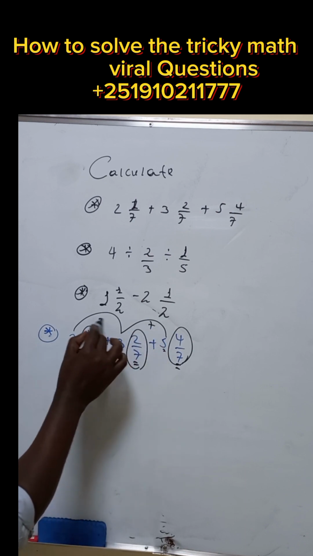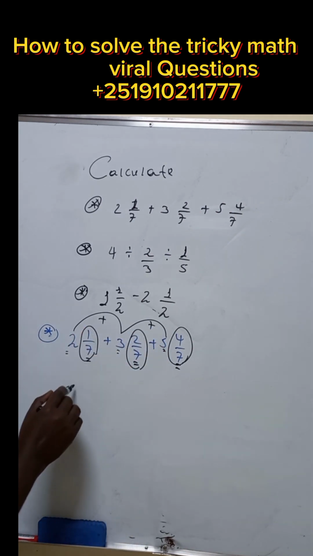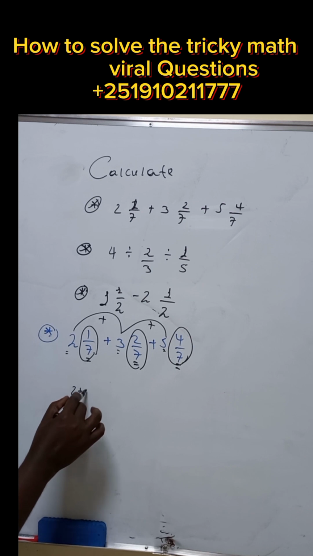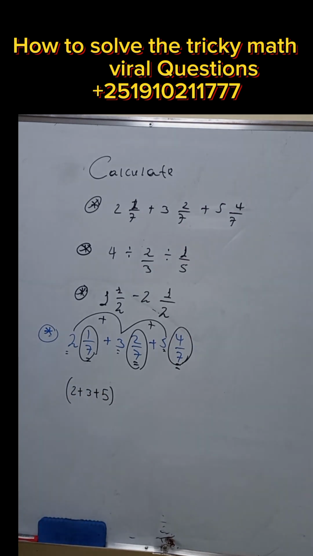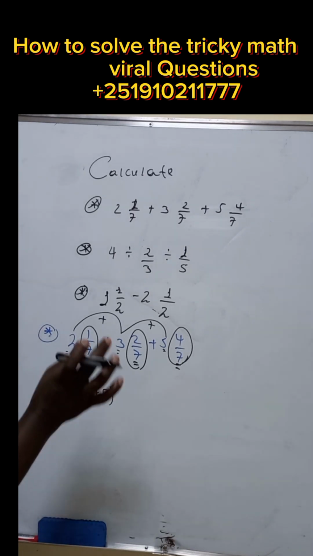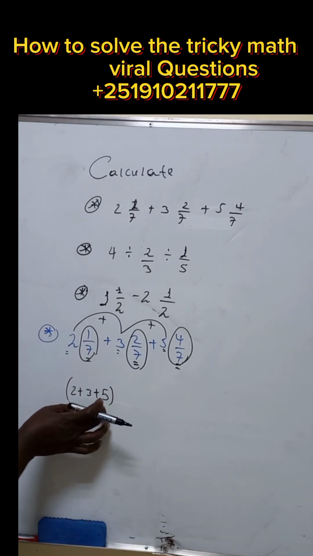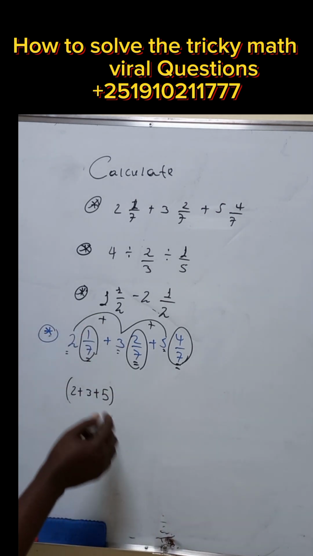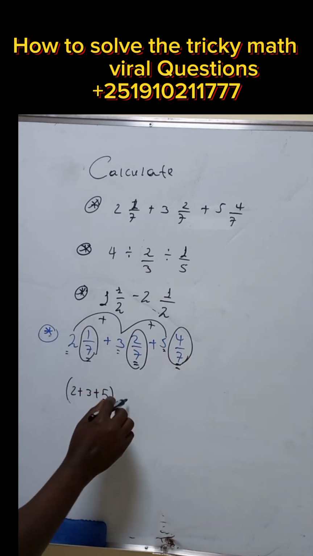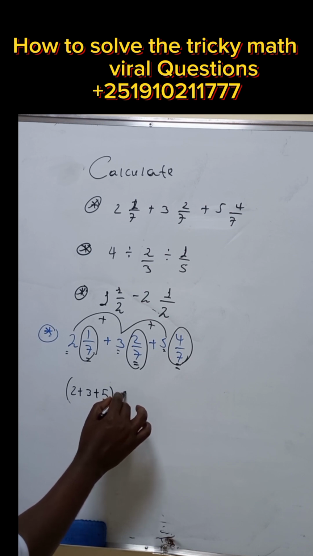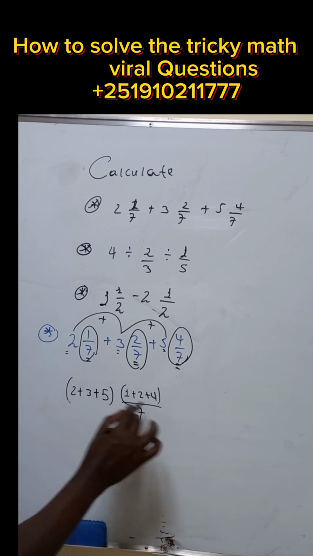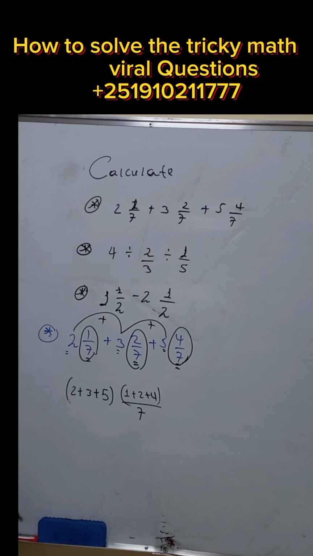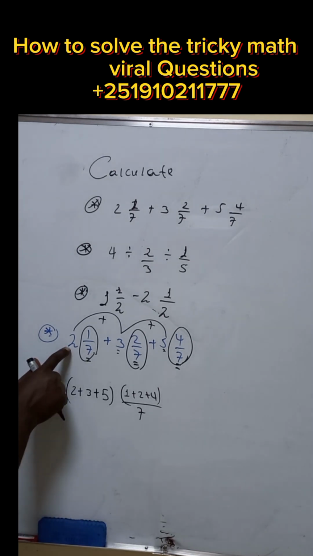The sum of these will be 2 plus 3 plus 5, and for the fractions, since they have the same denominator, it is written as 1 plus 2 plus 4 over 7.